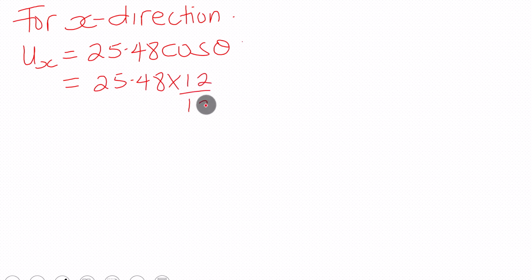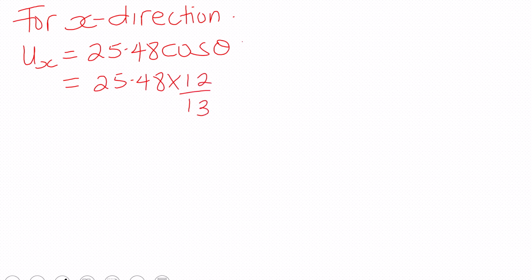For the x direction, we know that our u in the x will be 25.48 cos of theta, and this will be 25.48 times 12 out of 13.